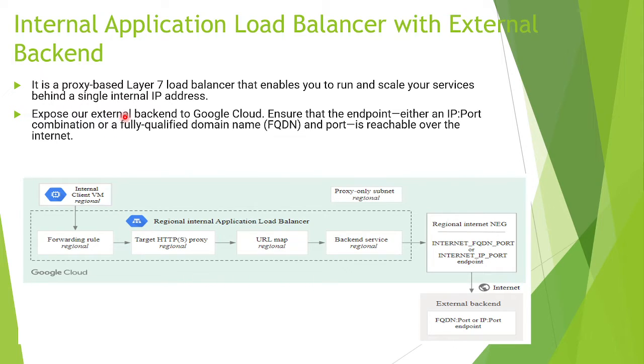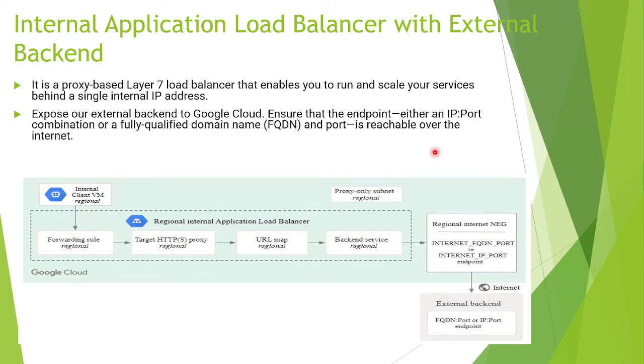Like we already know, it is a proxy-based layer 7 load balancer which allows us to run any scalable services behind a single internal IP address. When we expose our external backend to Google Cloud, we can use a combination of public IP and port, or a fully qualified domain name (FQDN) and port, so that we can reach that specific backend over the internet.